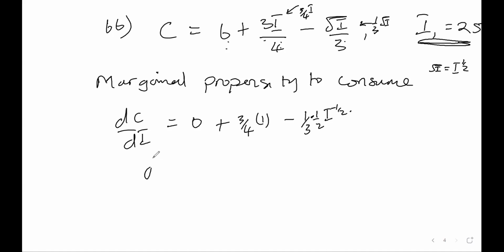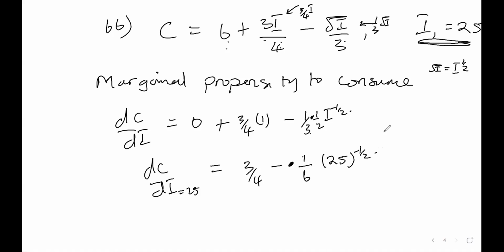So our dC/dI when I is 25 will be 3 over 4 minus, because this negative here, it's a times, 1 over 6, 3 times 2 is 6, times 25 to the negative half.